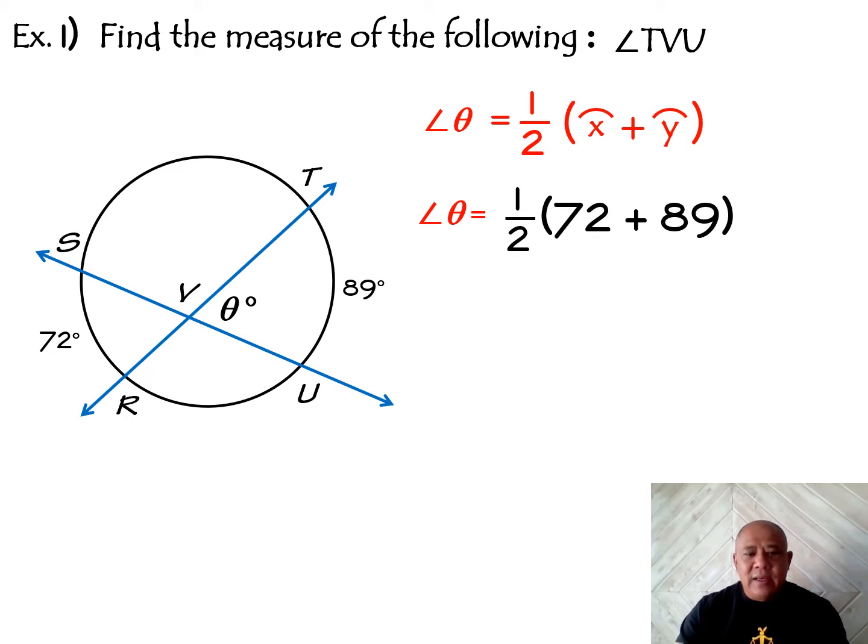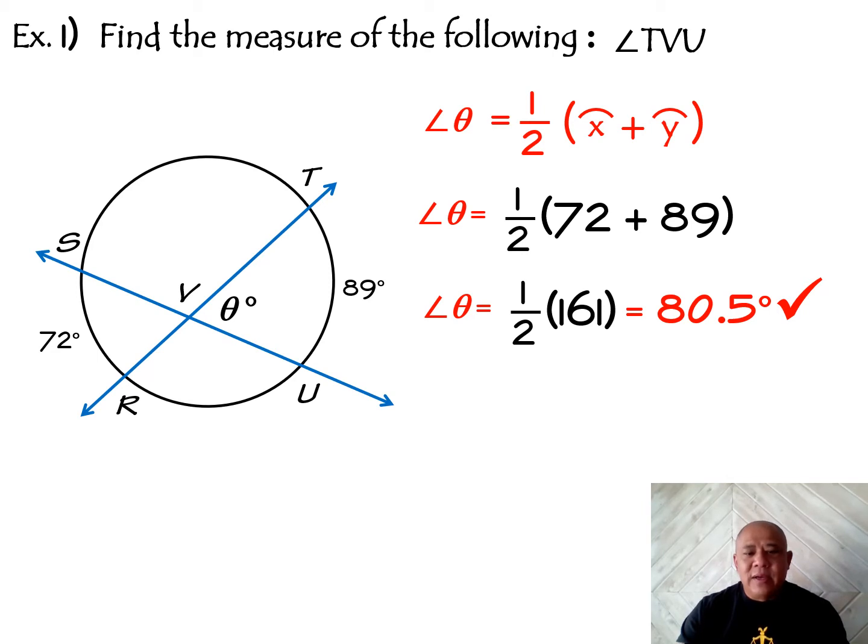The left arc is 72 and the right arc is 89. So we substitute it into those spots. So to find angle theta, it's going to be half of 72 plus 89, which is half of 161. Half of 161 is 80.5, and there we go. That's how it's done.